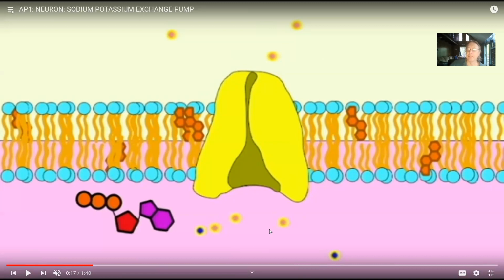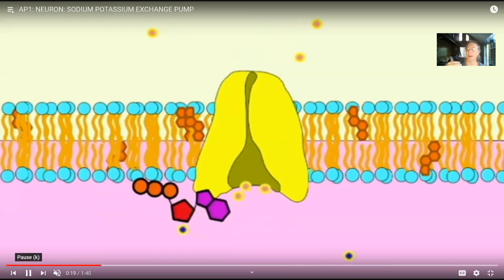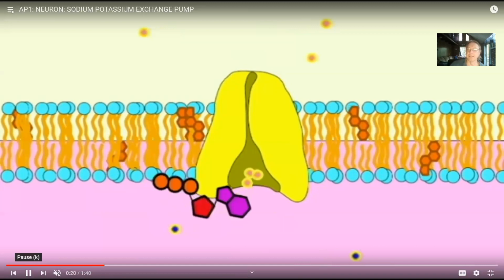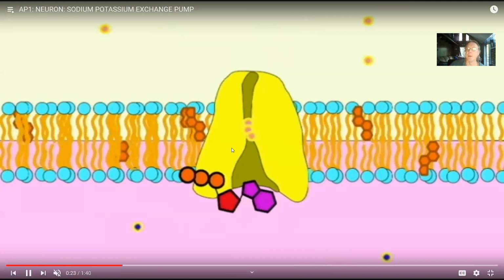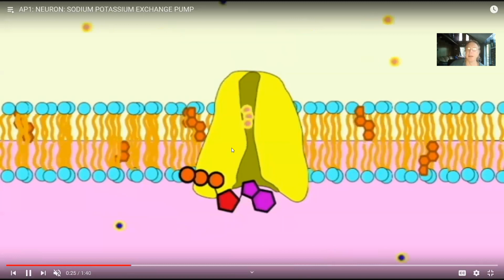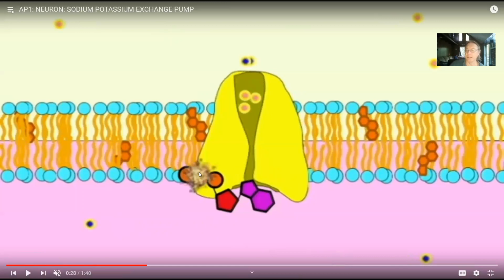So these sodium ions going outside would be acting against their concentration gradient, going from an area of low concentration inside the cell to an area of higher concentration outside the cell. But this sodium-potassium exchange pump does take 3 of these at a time by using the energy here in the triphosphate bond. It will pump 3 sodiums out.